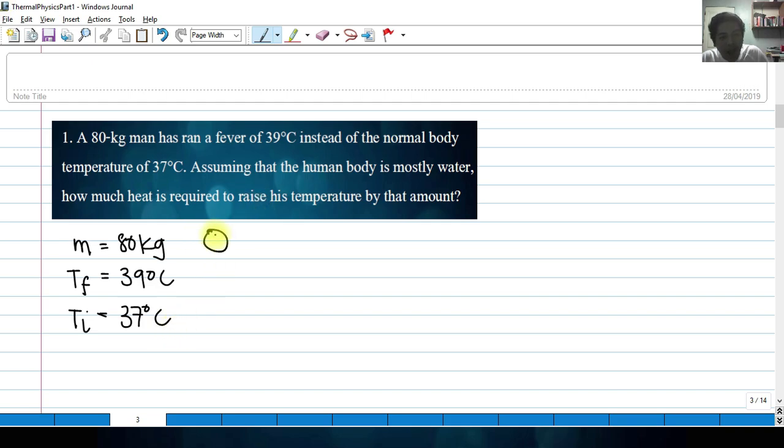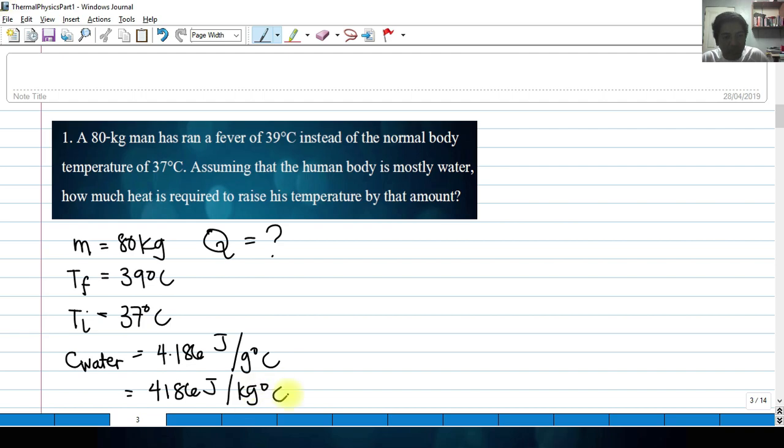We are required to find how much heat, and that is basically the Q. So the C that we are going to use here is the specific heat of water, and that could be 4.186 joules per gram degree Celsius, or 4,186 joules per kilogram degree Celsius.